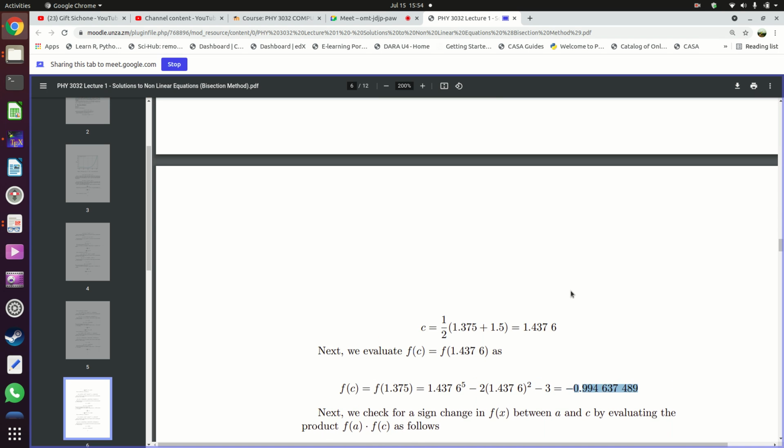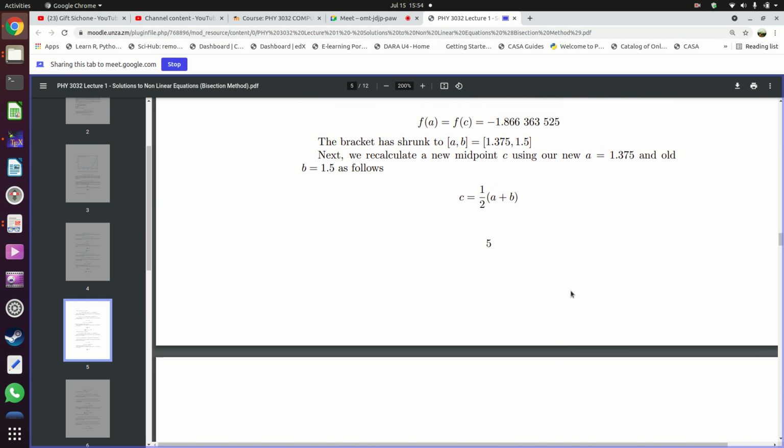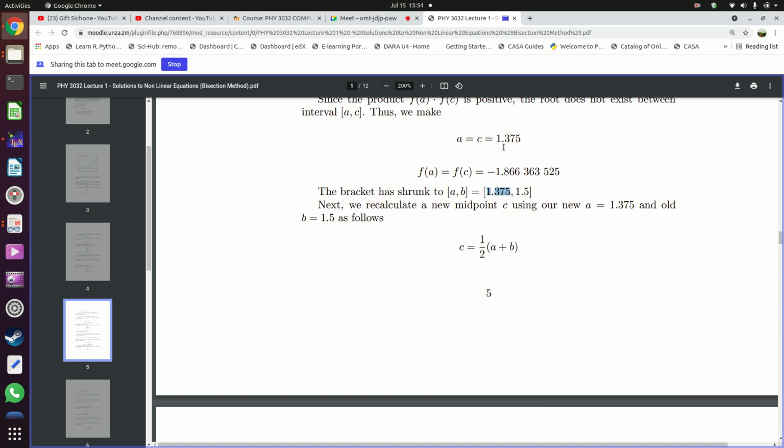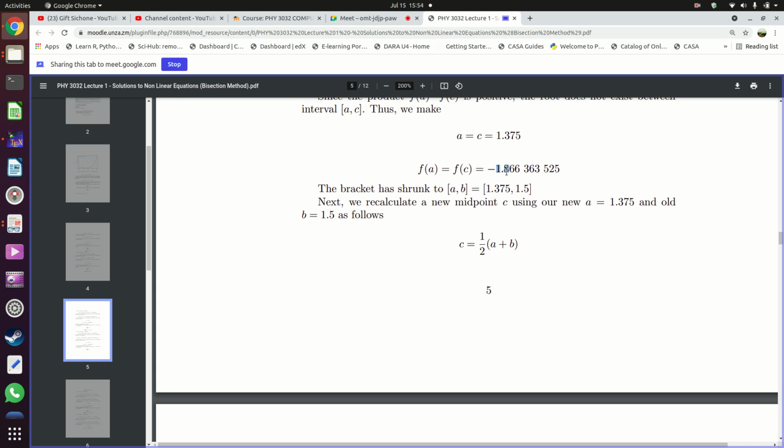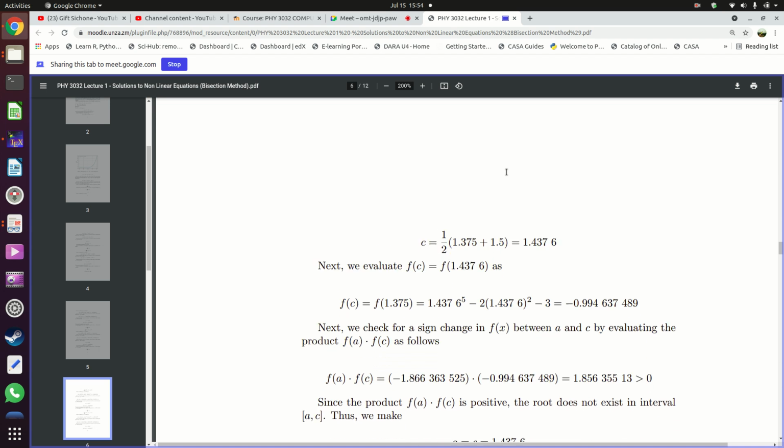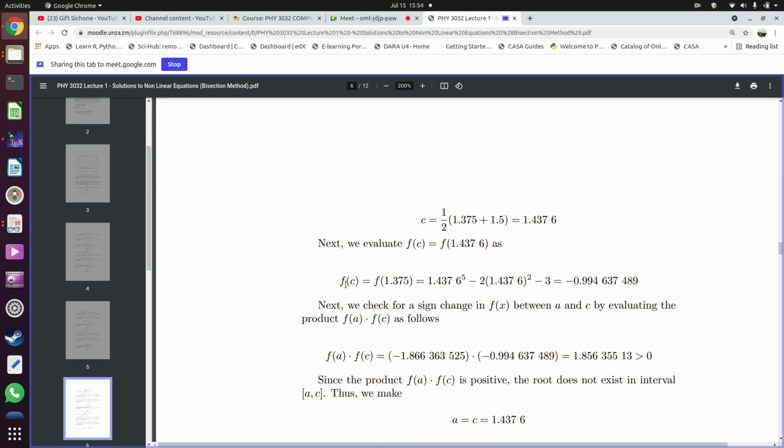Are we clear? Our A is 1.375, and the value of the function at A is minus 1.8. It's negative. At our new midpoint you have worked out here, f of c, the value of the function is negative.